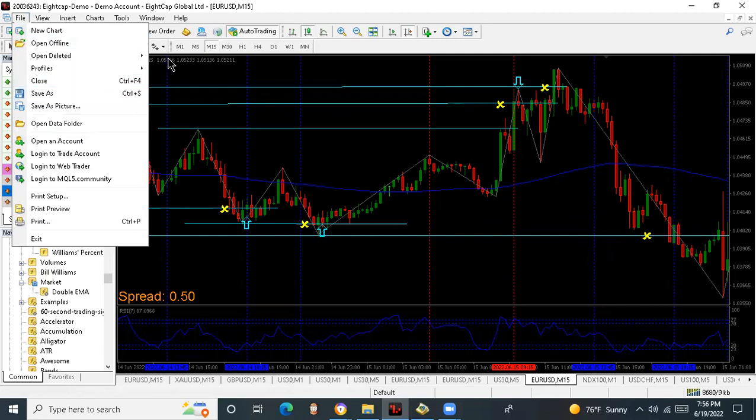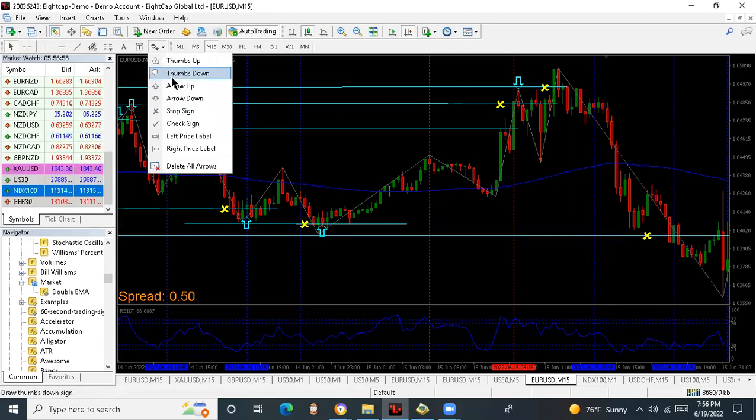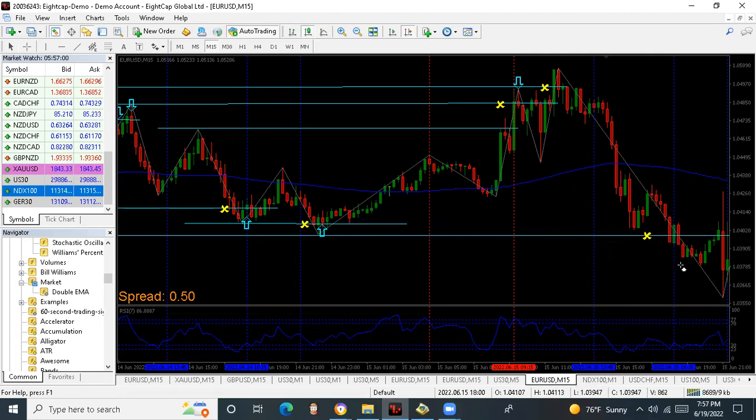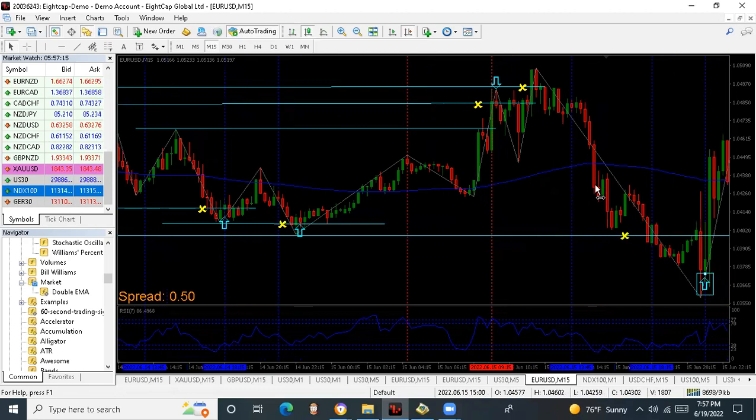Now, if I go here, I'm getting an entry at the close of this candle. Okay. And let's see what happens. And then what I'm going to target, okay, is I'll target these highs.